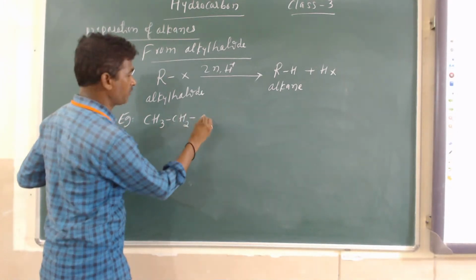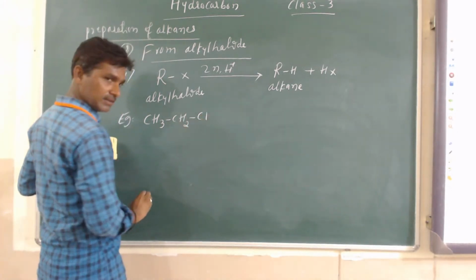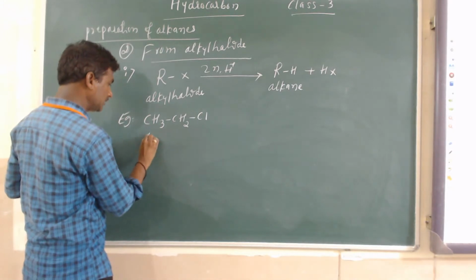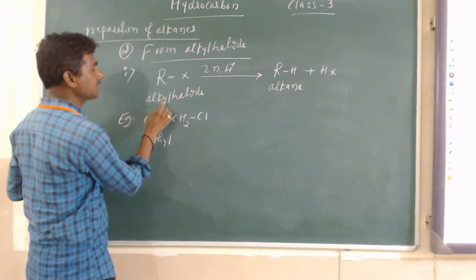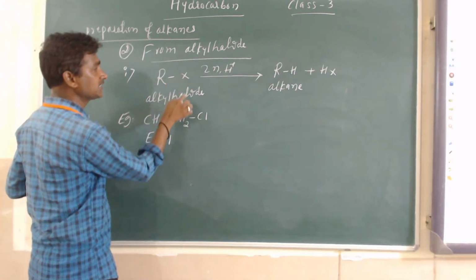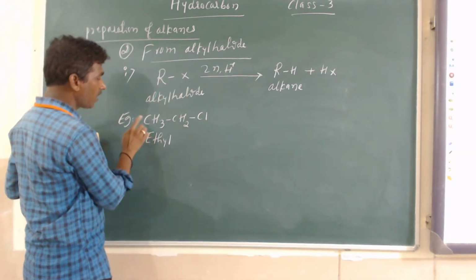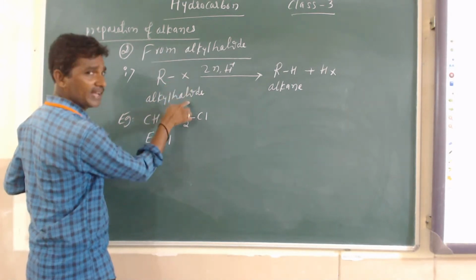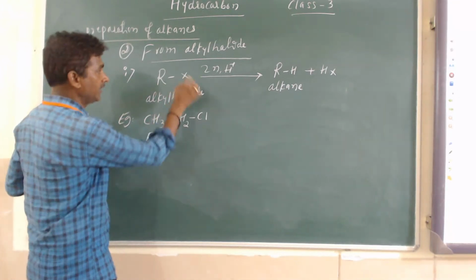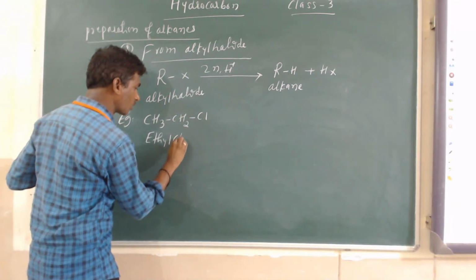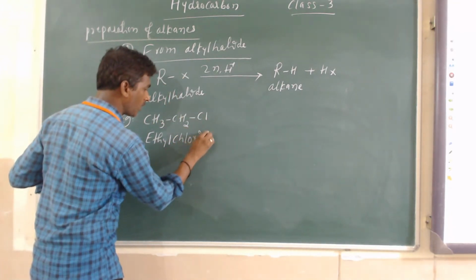Cl, Br, I. I can take X as Cl. Here R is CH3CH2, called ethyl, and X is Cl, called chloride. This is ethyl chloride.